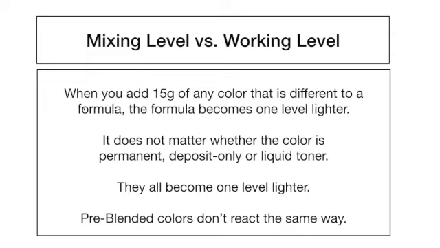It doesn't matter whether it's clear, whether it's a tone, it doesn't matter as long as it's different than the color that you're using. It doesn't matter whether it's permanent, deposit only, liquid color. They all become 1 level lighter. But unfortunately, if you're working with pre-blended colors, you don't know what's going to happen because you don't know what's in the tube.